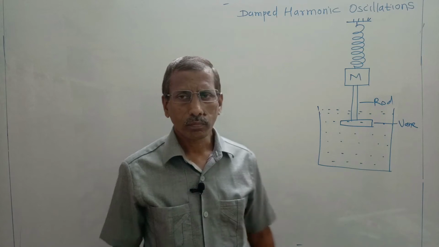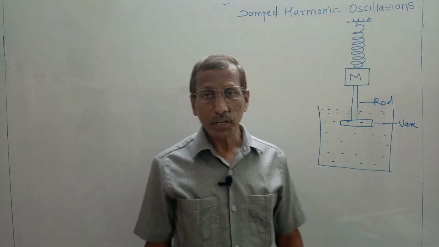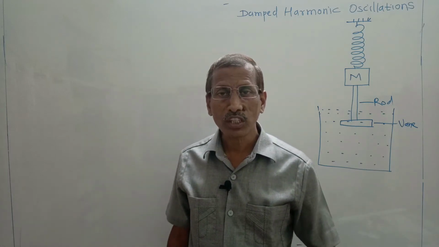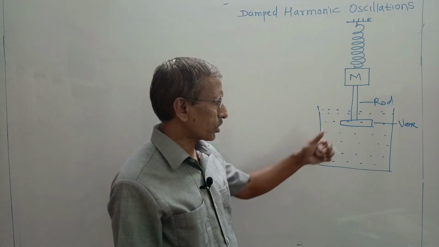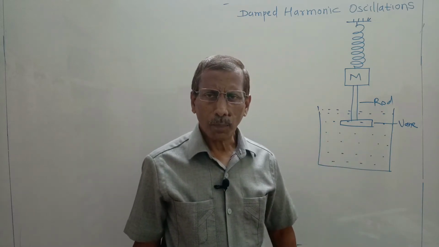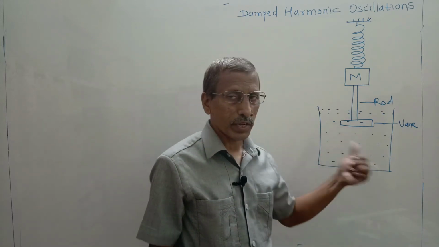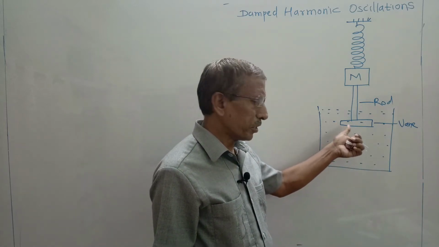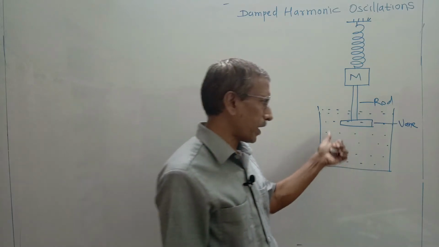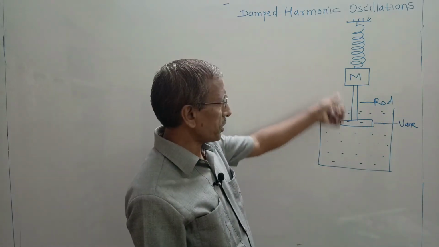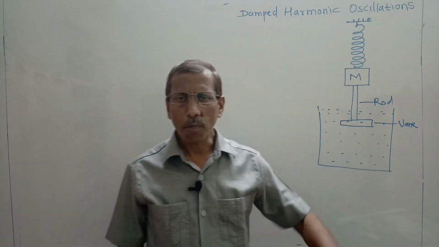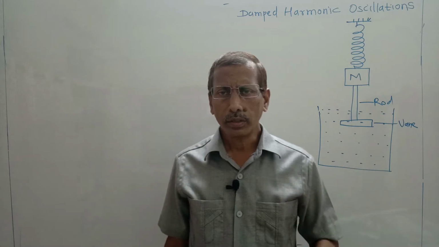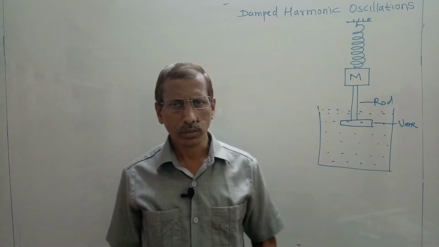Due to this, there exists an additional force, and that force is called the viscous force. This viscous force opposes the motion of the vane, and due to increase in viscous force, that is the damping force, these oscillations stop immediately, so that we get an idea about damped harmonic oscillations.